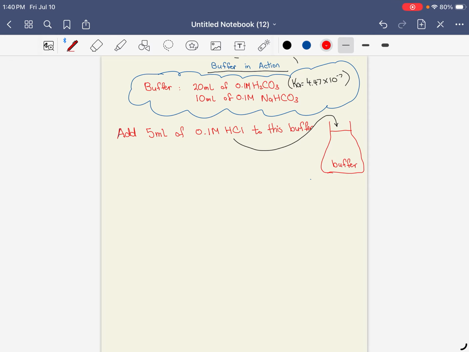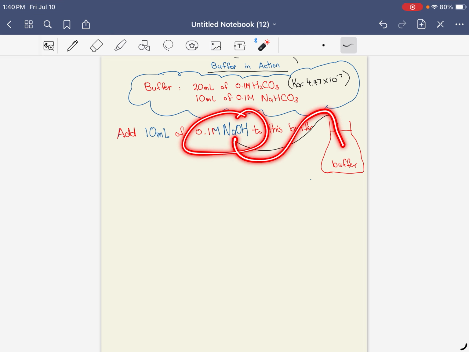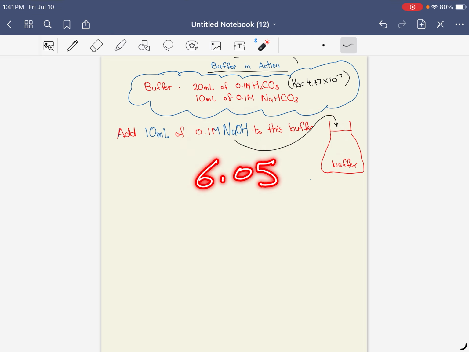I am now going to add, instead, 10 milliliters of 0.1 molar NaOH. So again, I have my buffer. This time, I'm going to add a strong base in there to see if this number is going to change.